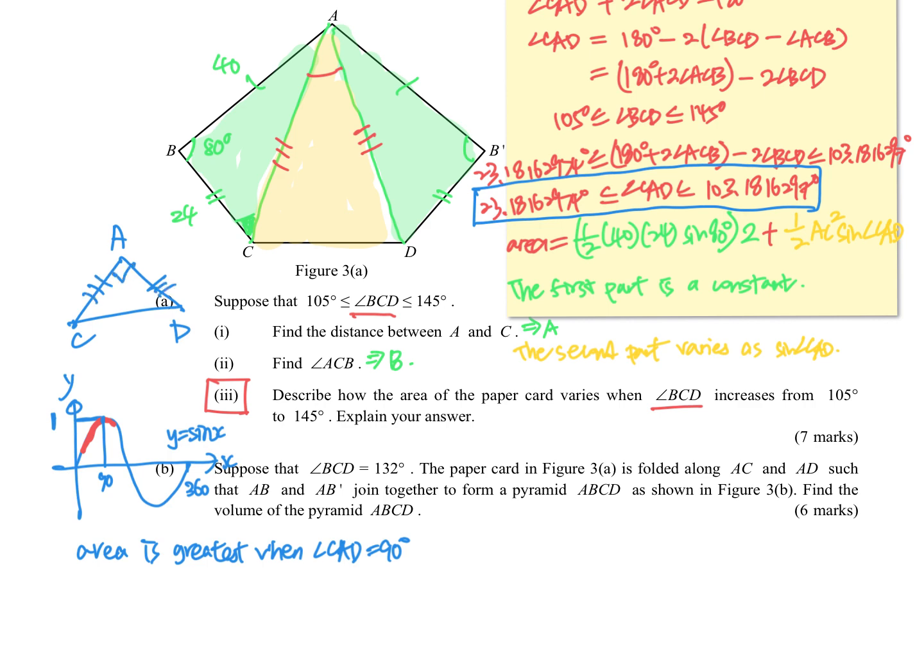Right, so in that case, when angle CD is 90, and angle ACD would be 45 degrees.